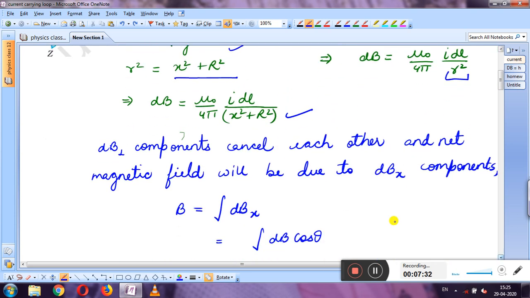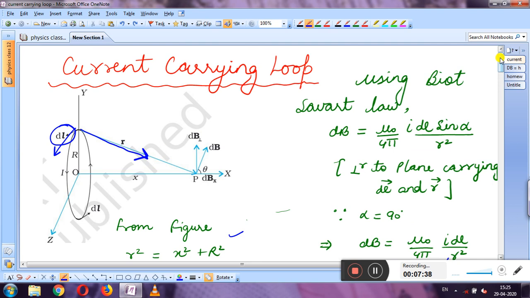Then dB perpendicular component. If we come to the components part, then first of all we have to understand the components into which this dB is divided. This dB is divided into its components.